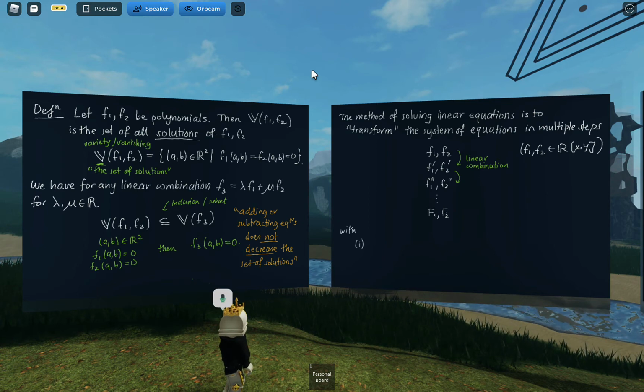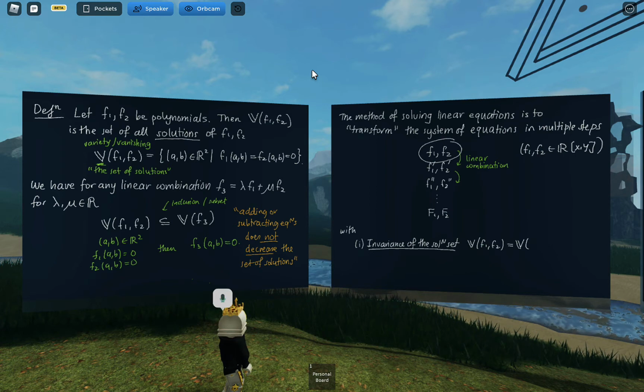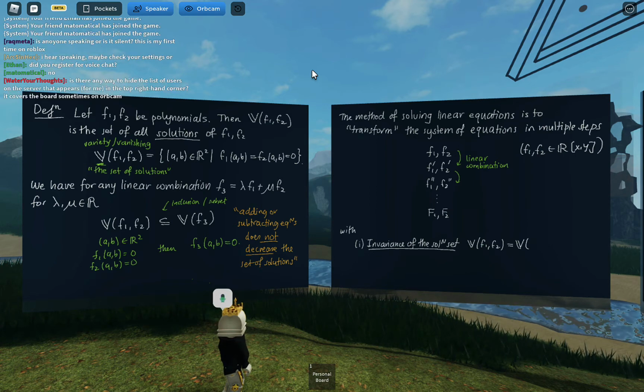So the first condition is invariance of the solution set. What you want is that during this process, the set of solutions, well, we know from what I just said that it can never decrease, but I actually want to solve the original set of equations, that is, know precisely its set of solutions. I don't want to know some bigger set, maybe that's not informative at all.